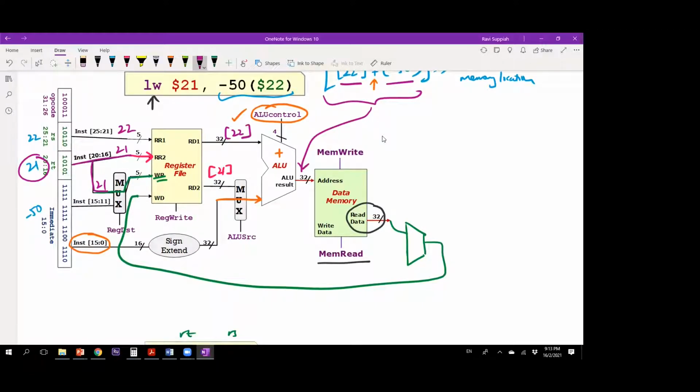So the register destination control signal will use the multiplexer to say that register 21 will be selected to go through and specified as the write register. Because this multiplexer has two possible inputs, either the RT bits or the RD bits. But here there is no RD, correct? Because it is an I-type instruction.